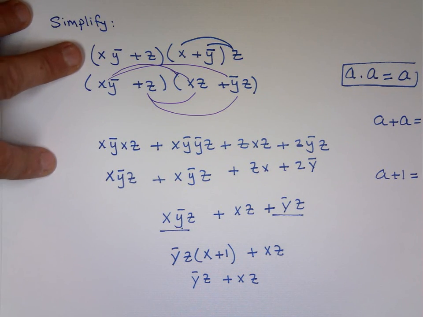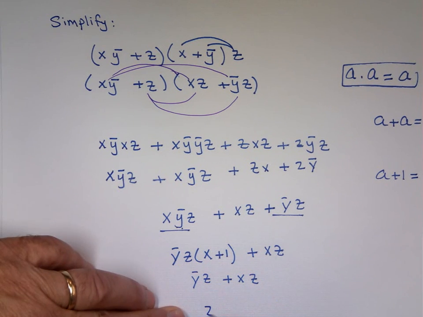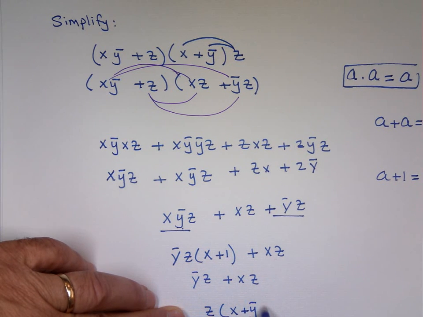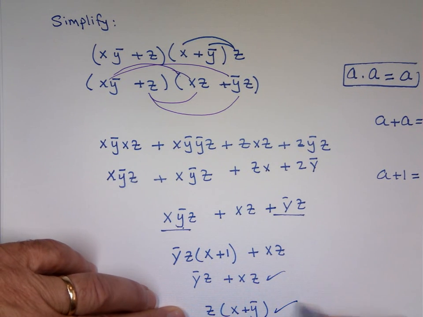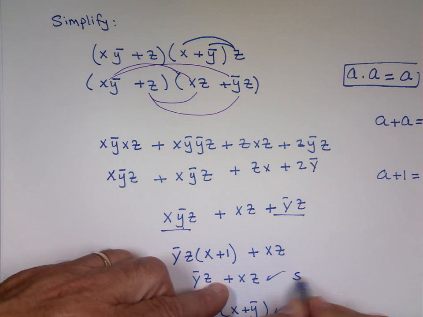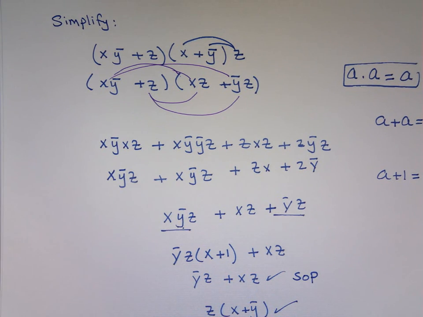Again, you could factor a z out here, and you end up with x plus y bar if you want to, but either one is good. If they ask you to give the answer as sum of product, there's your sum of product. If they ask you to write your answer as product of sum, this is product of sums.